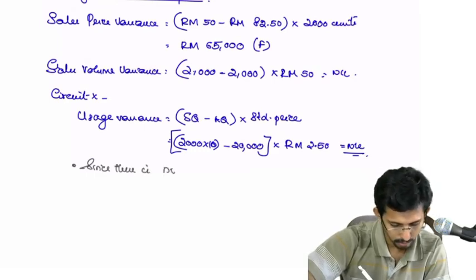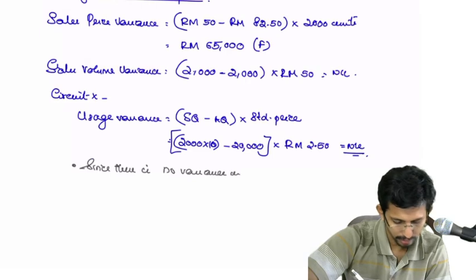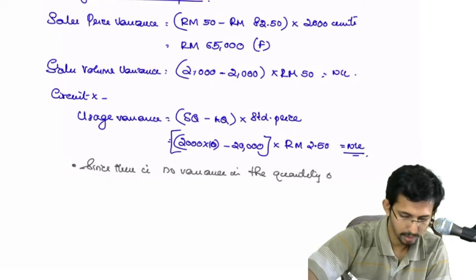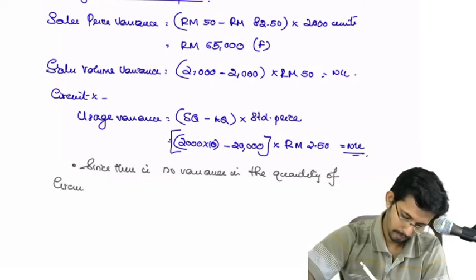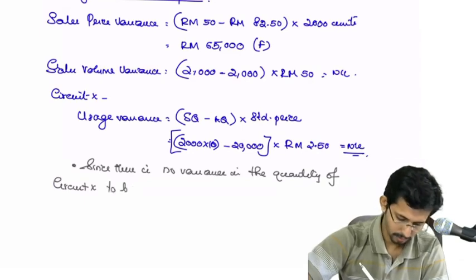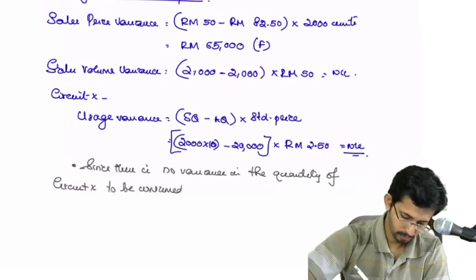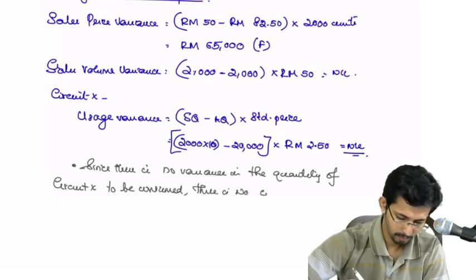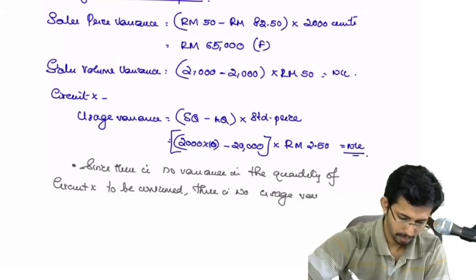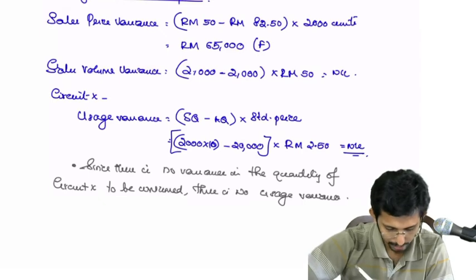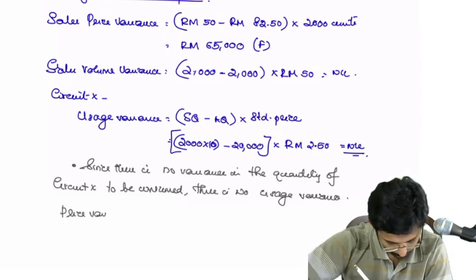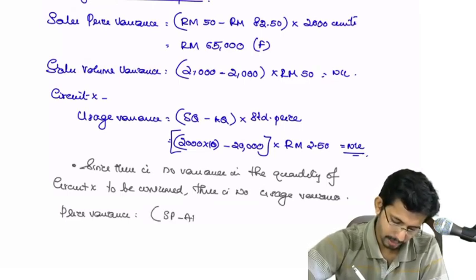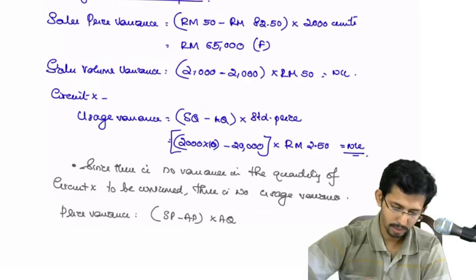Okay, so you can write here, since there is no variance in the quantity of circuit X to be consumed, there is no usage variance. Now price variance will be there. Price variance is SP minus AP into AQ.